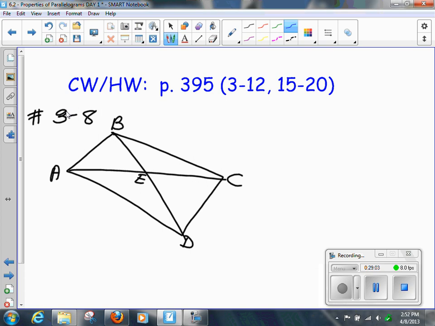In ABCD, AB is 17.5, DE is 18, and angle BCD is 110 degrees. That's all you need to find the other angle measures and most of the other segment measures.